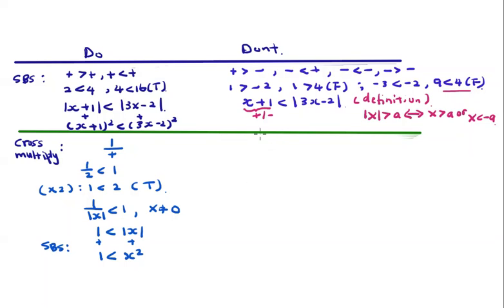But don't do it this way if the bottom part is possibly negative. For example, 1 over negative 2 less than 1. If we cross multiply both sides by negative 2, we have 1 less than negative 2, which is a false statement. Like 1 over x less than 1.